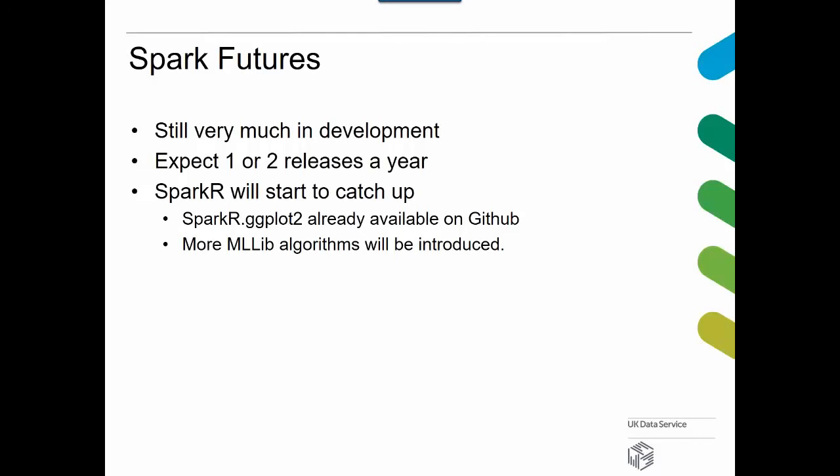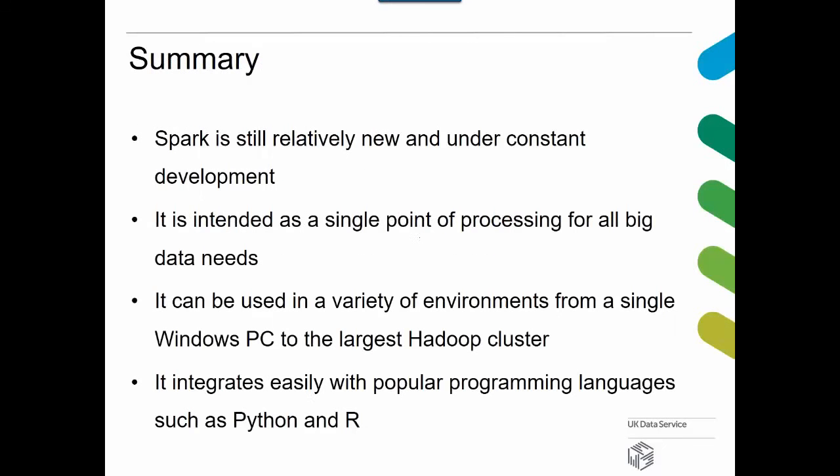So it represents an almost minimal learning curve for you if you're familiar with R already. So in summary, Spark is relatively new and still in development. The idea is that no matter what your needs are in big data processing, Spark will be able to do it using one or other of the provided API libraries.